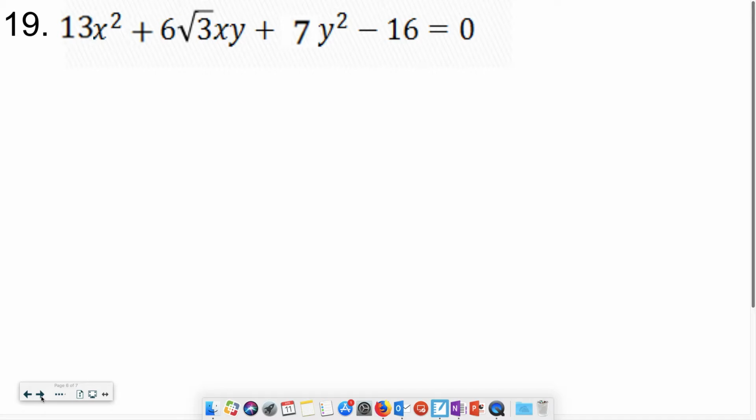What I'd like you to do at your pods, work together to determine the type and determine the angle. And then stop. Show your work for both.